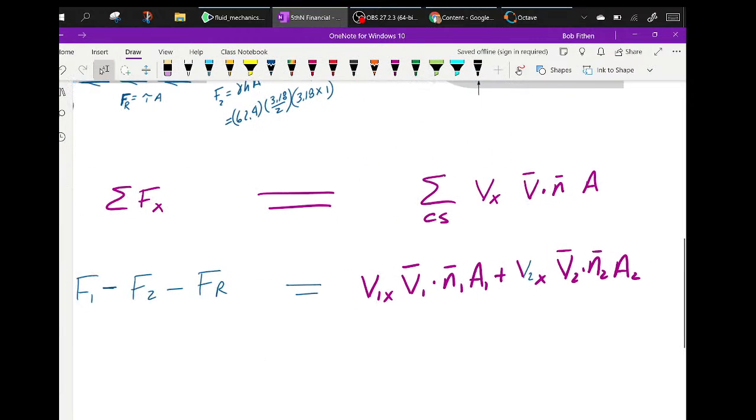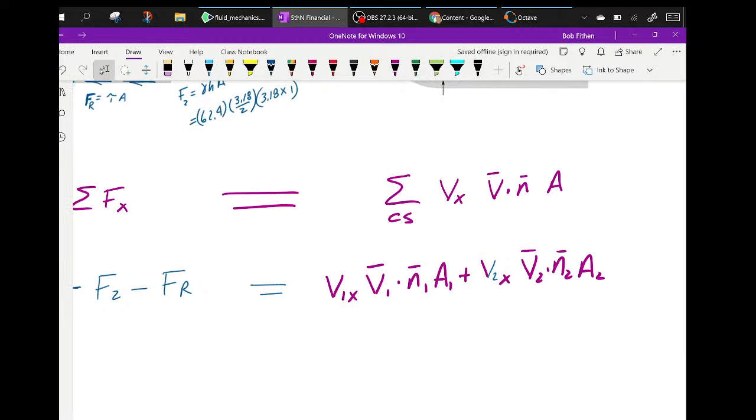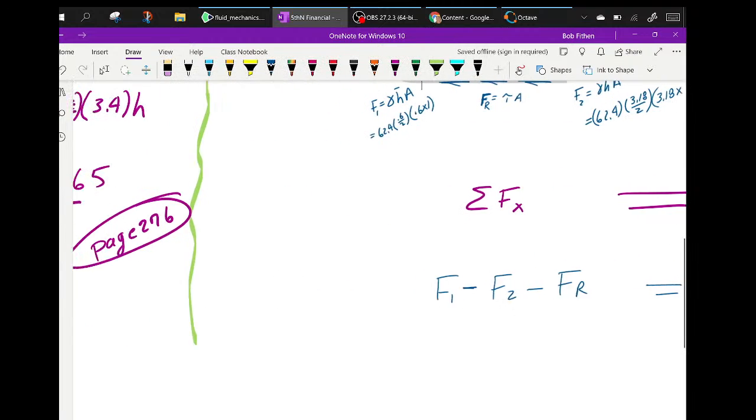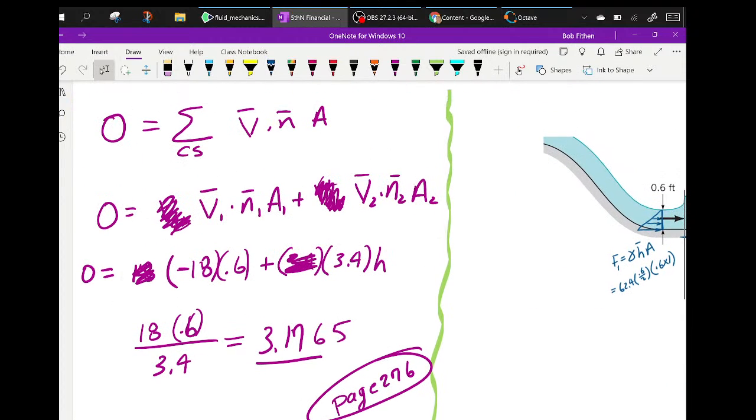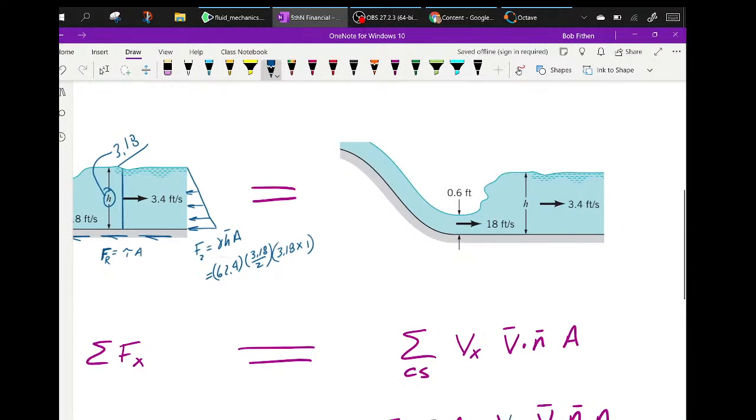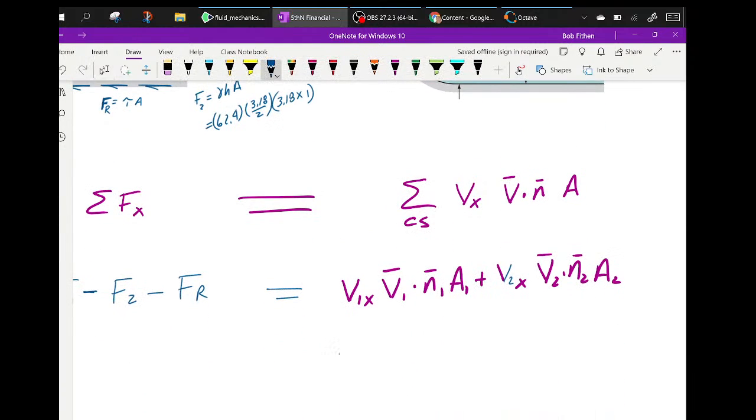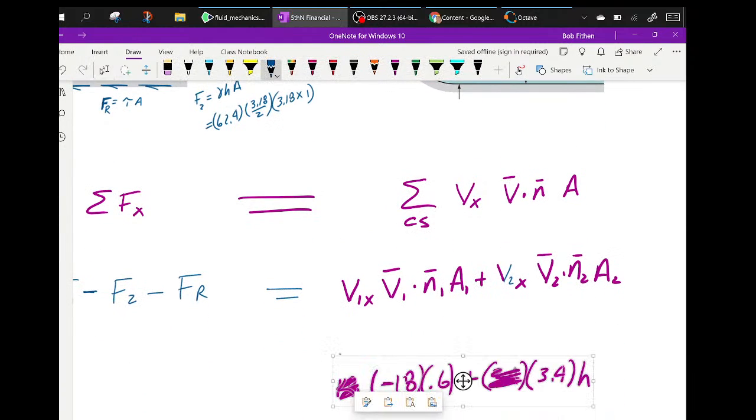Now, this is just simply continuity times the velocity. Now, we'll do this again. Copy. And sort of drop it right there.